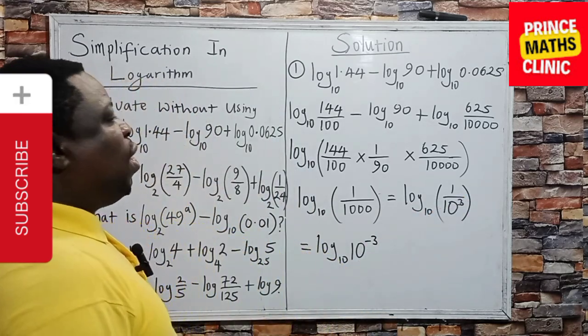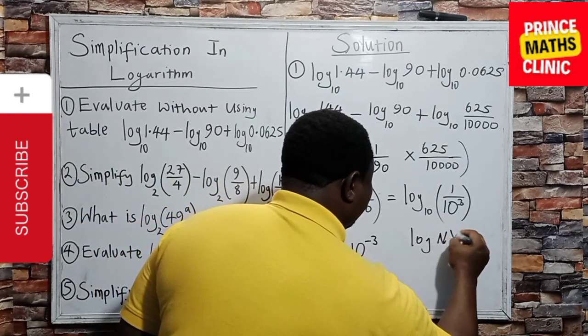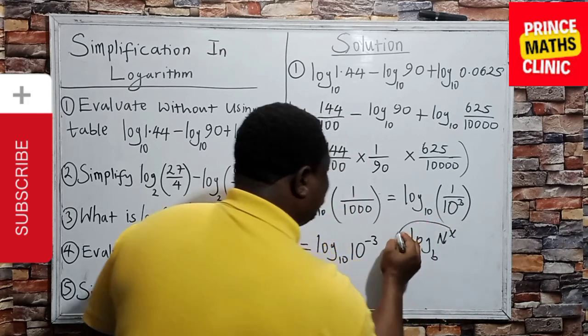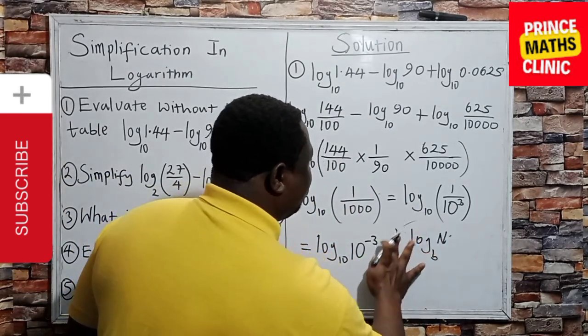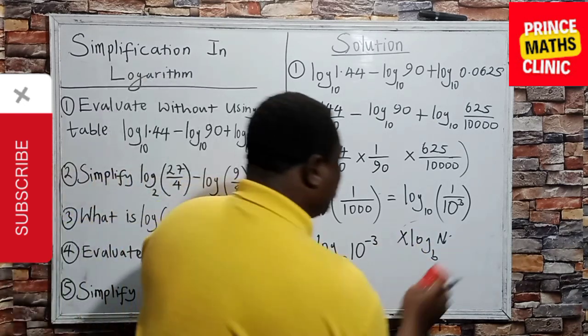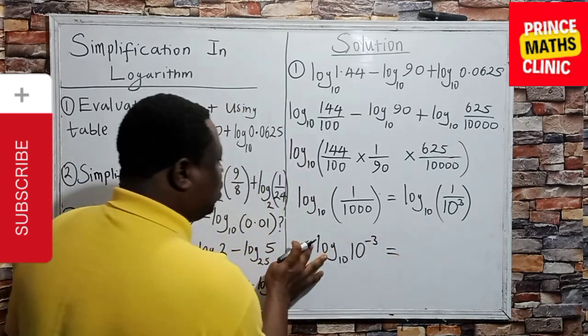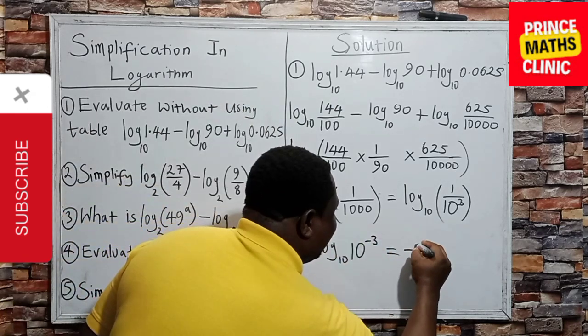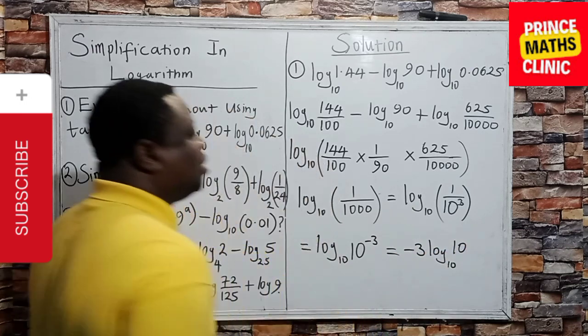Then apply the law of logarithm that says if you have log n to the power x base b, x will multiply this, so it becomes x log n base b. Using that law here, minus 3 will multiply this, so this becomes minus 3 log 10 base 10.